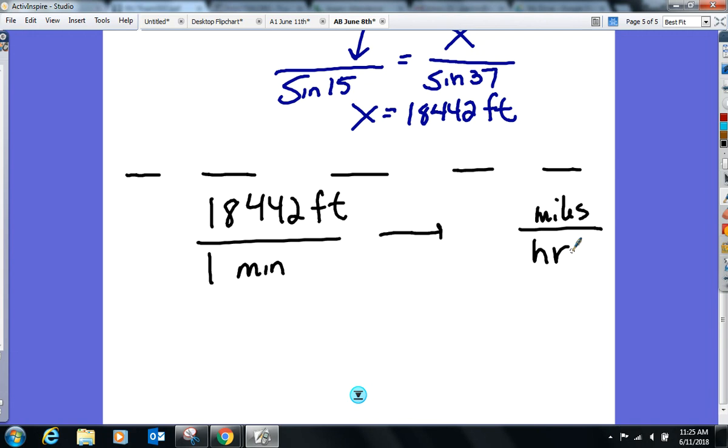That's on your reference sheet. At the top, there's a conversion that goes from miles to feet. 5,280 feet in 1 mile. So can we find out how many miles are going to be in 18,442?